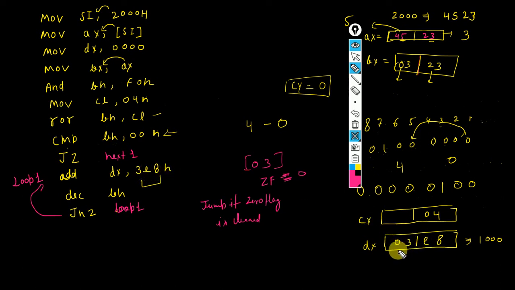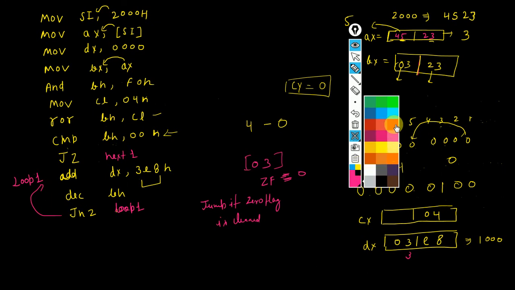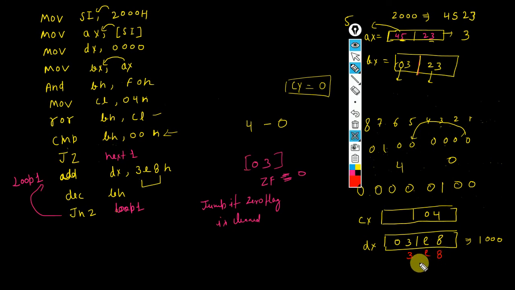Again add this DX content with 3E8, so your DX content is changed. The value is the addition of two numbers. After that, again DEC BH, your BH value is reduced by 1, so it's 2.